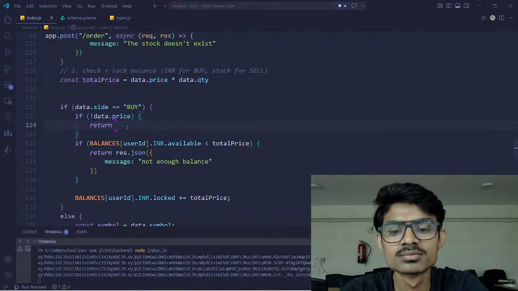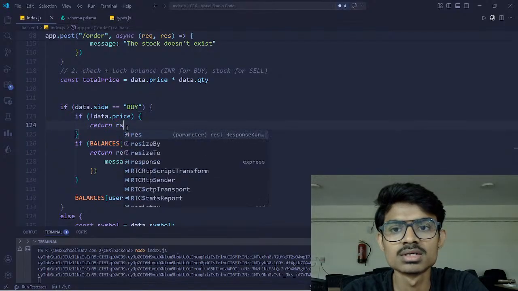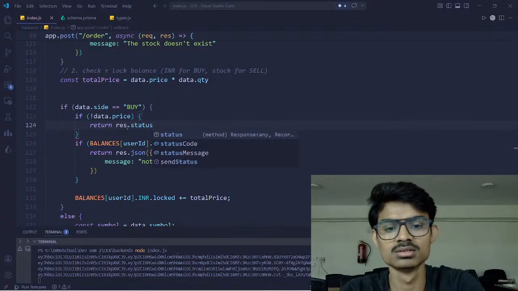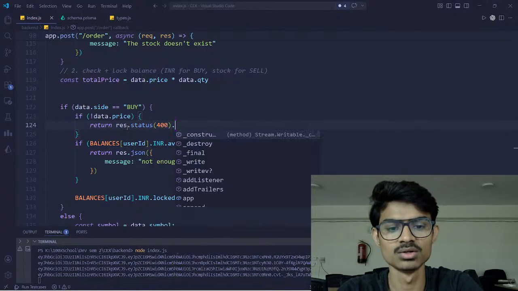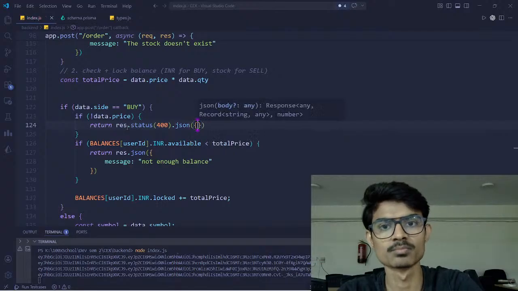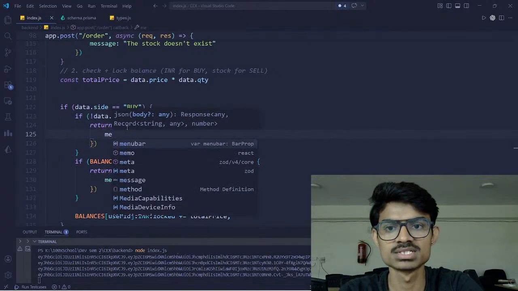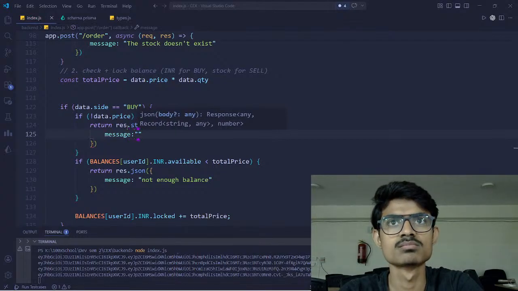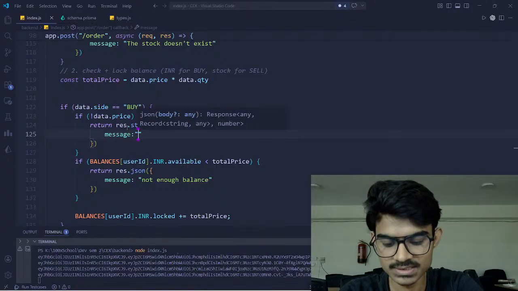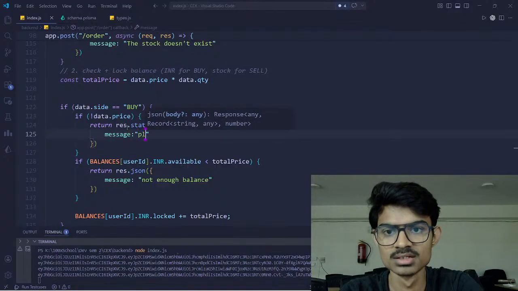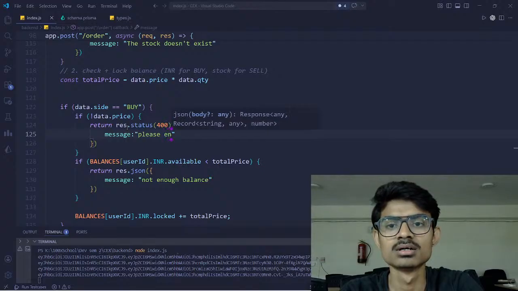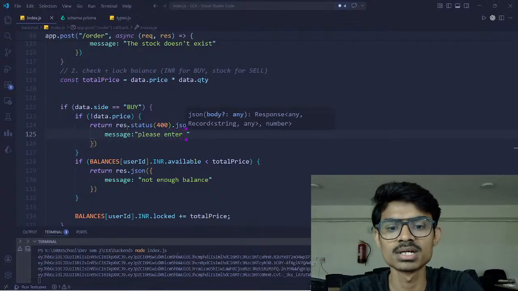Then return res.status(400).json message: please enter a price.